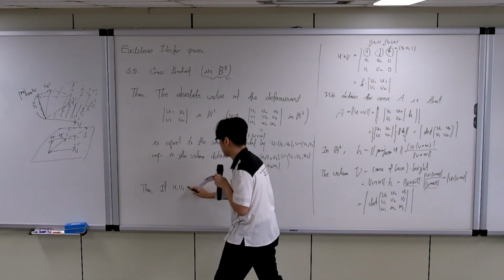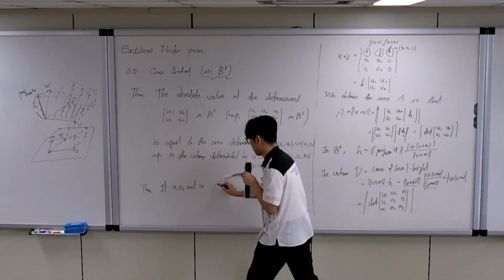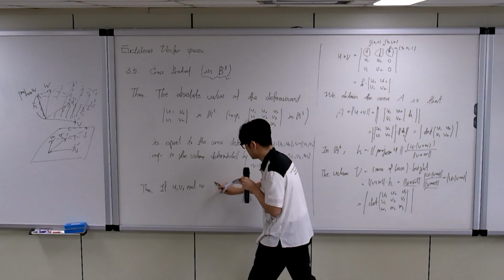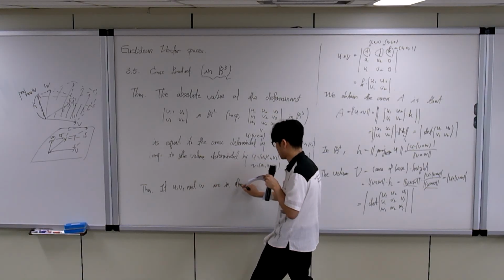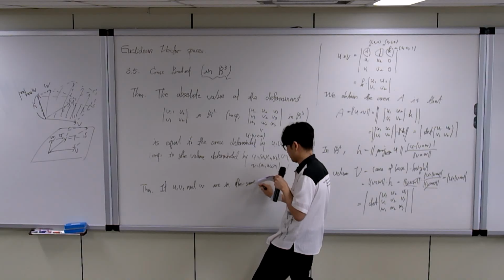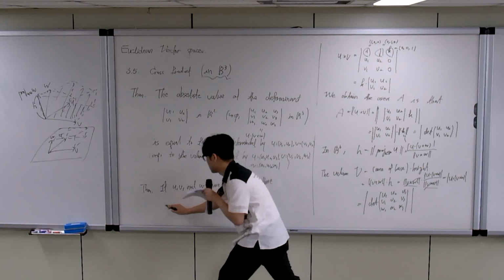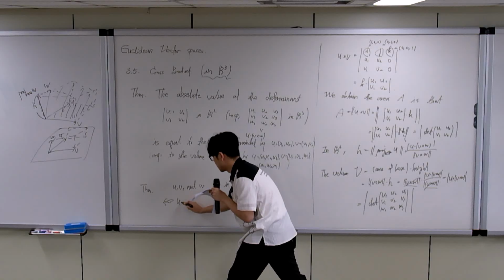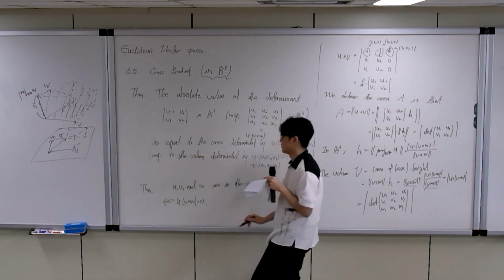I mean, if U, V, and W are in the same plane, then the triple product will be zero.